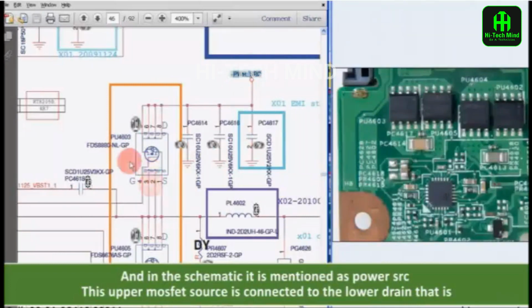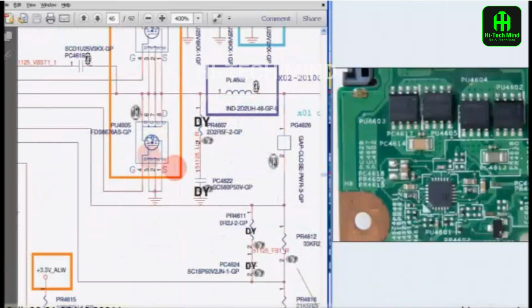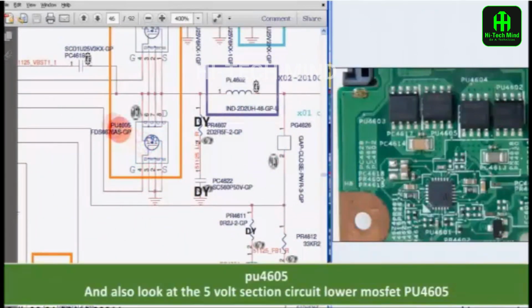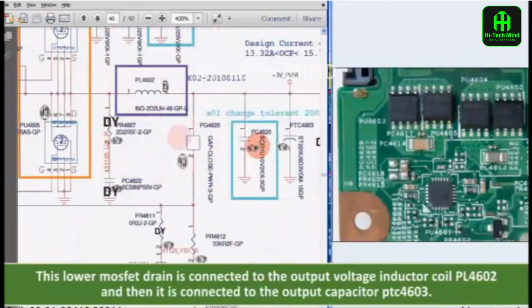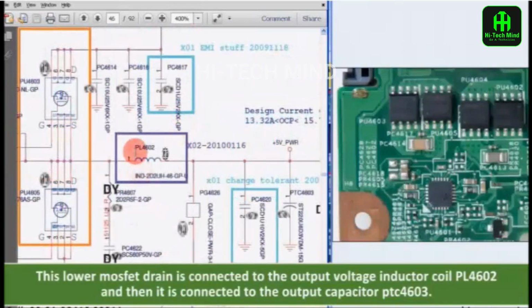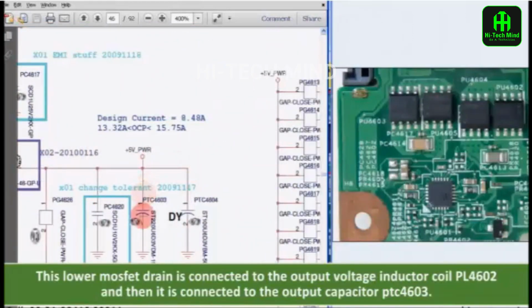The upper MOSFET source is connected to the lower drain, that is PU4605. Also look at the 5V section circuit, the lower MOSFET PU4605. This lower MOSFET drain is connected to the output voltage inductor coil PL4602, and then to the output capacitor PTC4603.